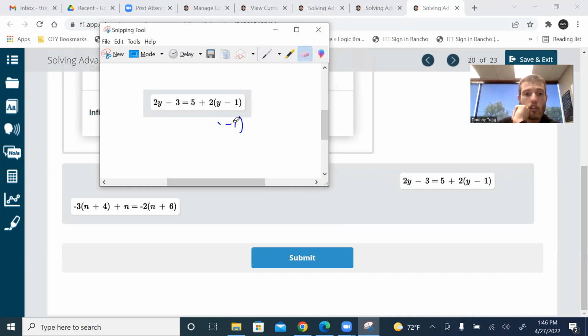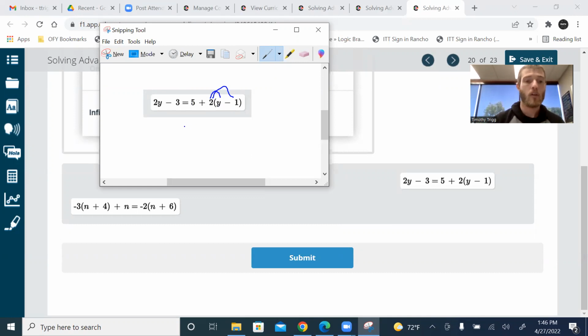Or should I distribute first, multiplying this 2 times each of these terms? Well, remember your order of operations. You want to do parentheses, exponents, multiplication and division, and then adding and subtracting. So you do multiplication and division first, then adding and subtracting. This distributing is multiplication, so we want to do that first before you add the 5.